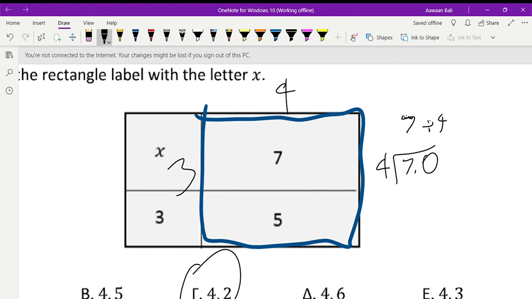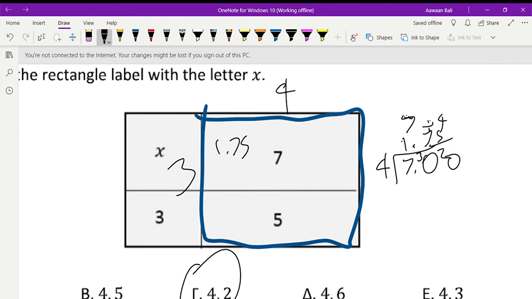We put the 0 there because we know it doesn't divide exactly. 1.75. That helps, I guess. Yeah, so let's say that's 1.75.